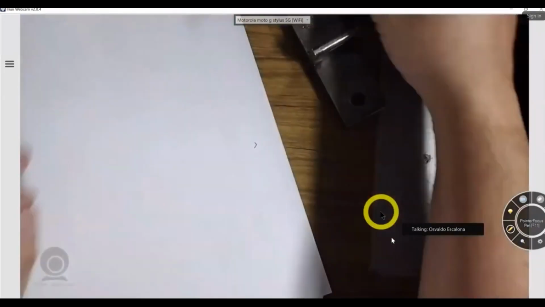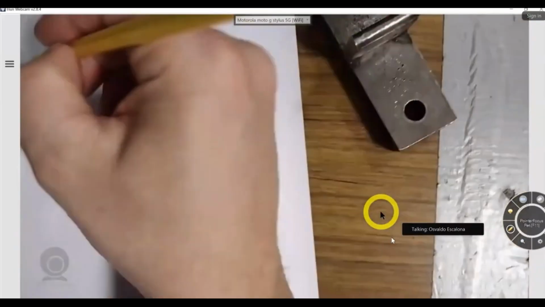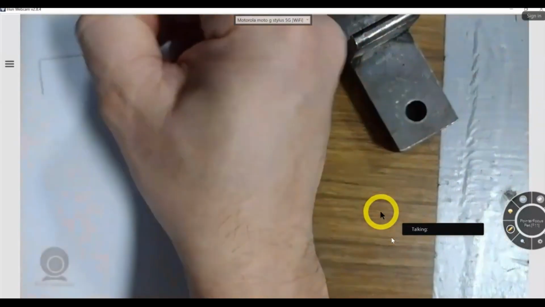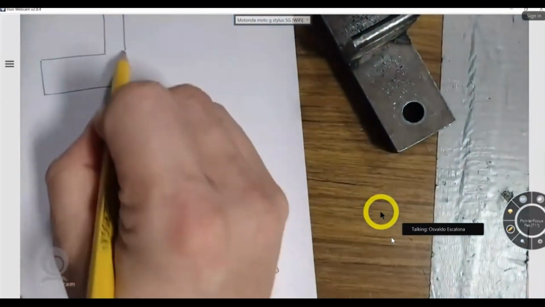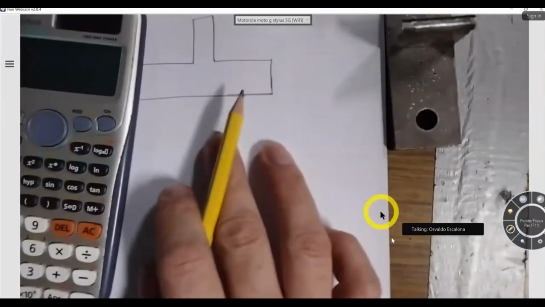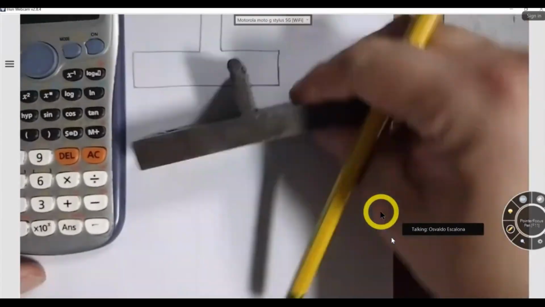So let's say that I have, I don't know, this guy that looks like this. In this case, I have a height for this slot. Does it look like it? Yeah, pretty much, right?